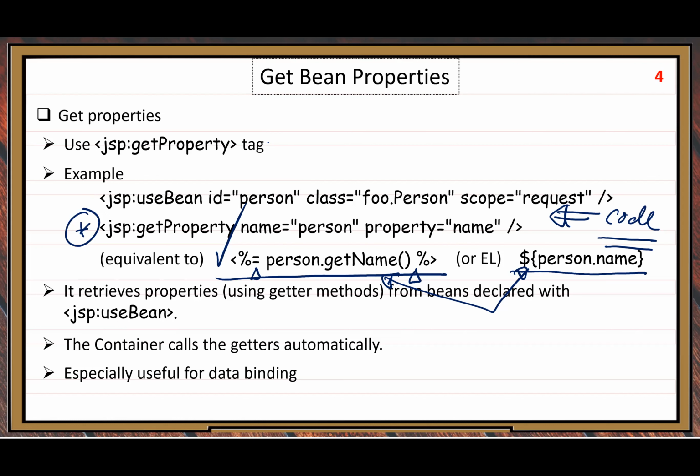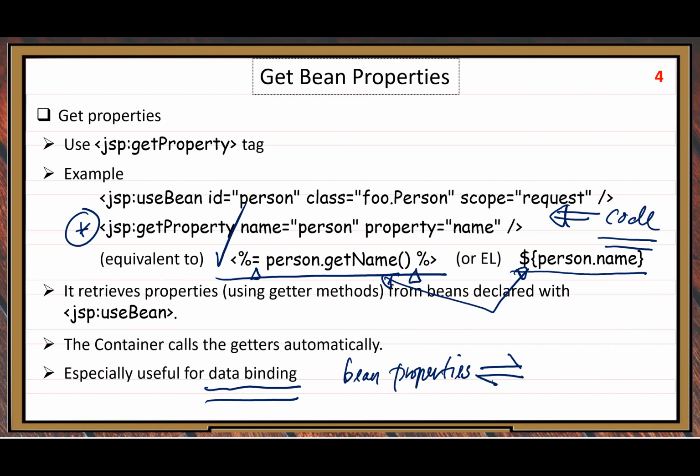Especially useful for data binding. Here we connect to the data binding concept. In the data binding concept, we need to do data copy, right? Data copy between two sets of variables, let's say in this way. One is bean properties, to and from.